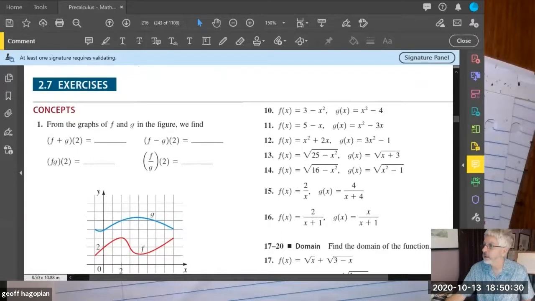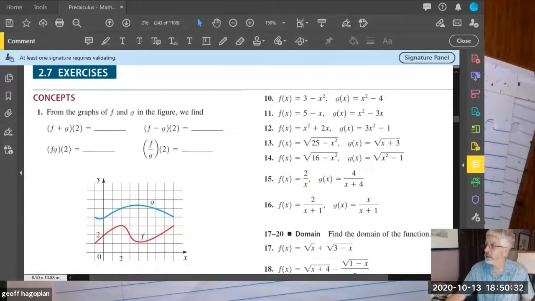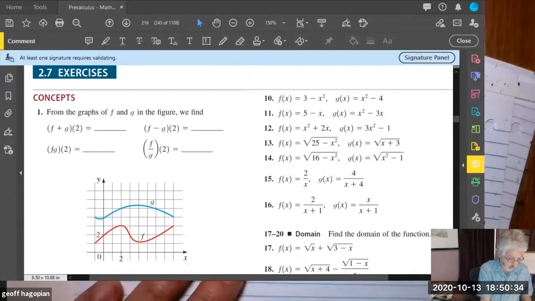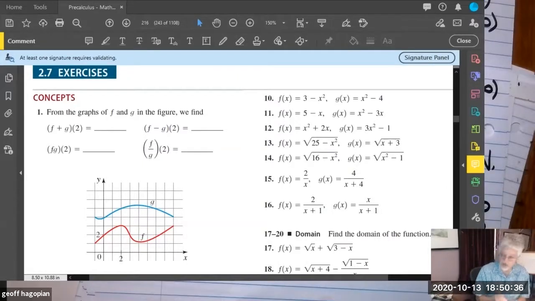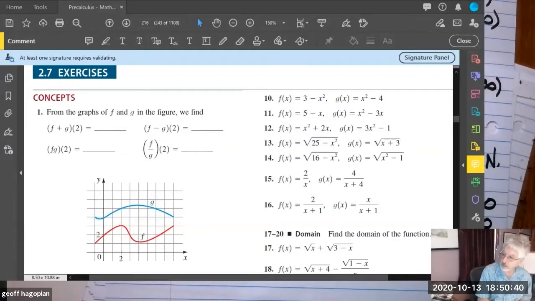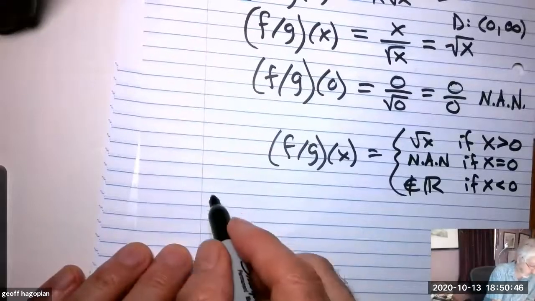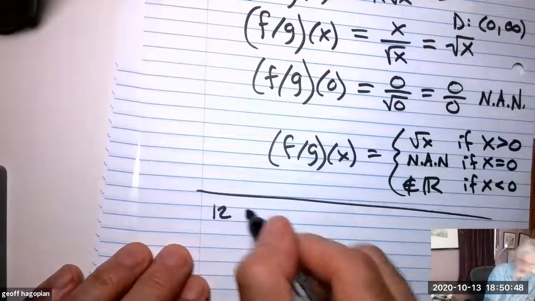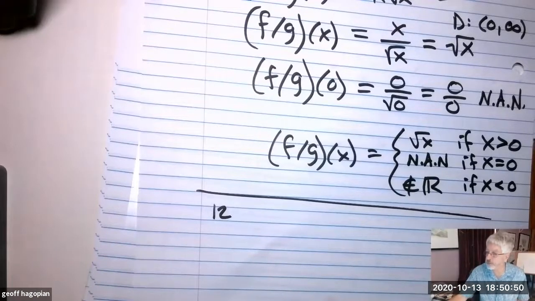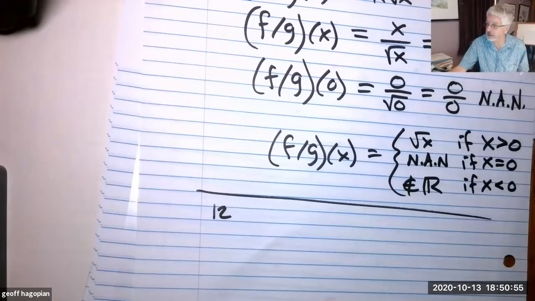Sure, let's go ahead. So here's number 12. I'll move me up out of the way over here.